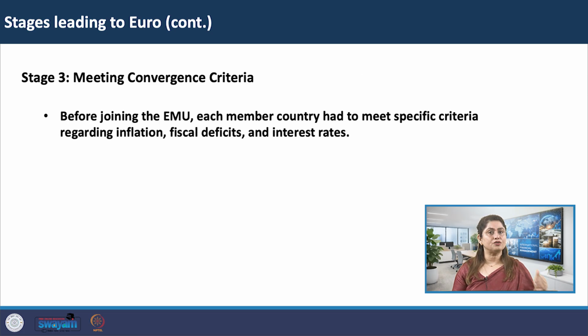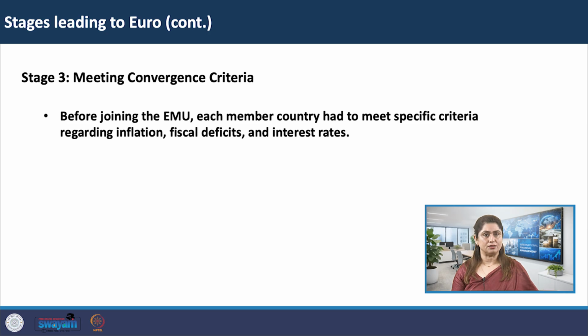Before a country could join the euro, it had to meet specific economic criteria. These were the Maastricht criteria, named after the treaty. The criteria included inflation rates within a certain range of the best performing members, fiscal deficit below 3% of the GDP, total government debt below 60% of the GDP, stable interest rates, stable exchange rates.